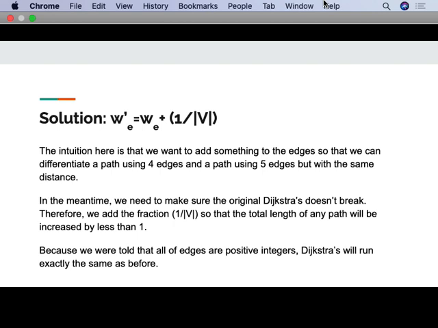I'm just saying it's more reasonable to reason with V. The reason why E is going to work is that the longest possible shortest path in a graph is also bounded by the number of edges you have. You cannot possibly have a shortest path that has more edges than the edges you have. Yeah, so I guess E also works.